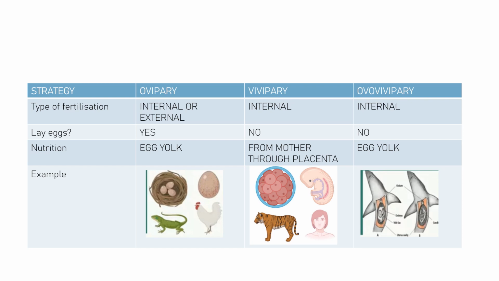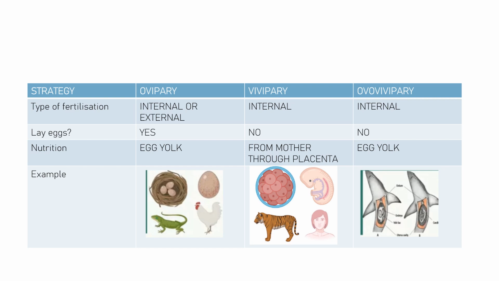So it is the fusion of the haploid nuclei of the male and the female gamete to form a diploid zygote. That's a more detailed explanation of what fertilization is. So if you use that one, somebody else is going to understand specifically what happens during fertilization. Okay, that's fine.